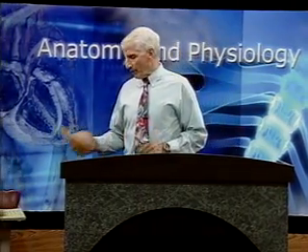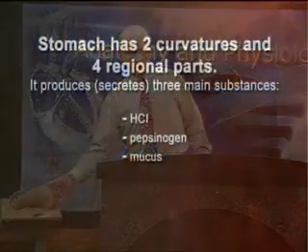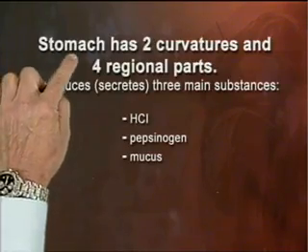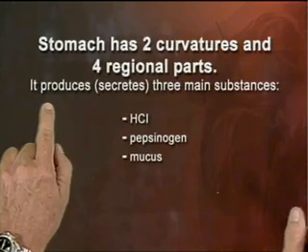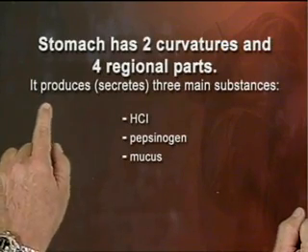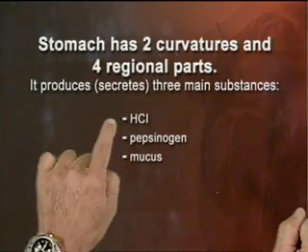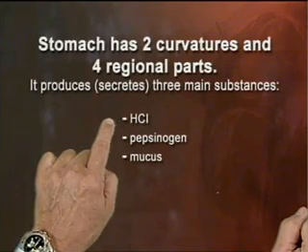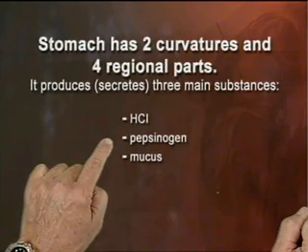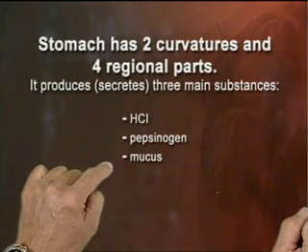Let's take a look at a graphic that summarizes what we just said about the stomach. 2 curvatures, 4 regional parts, and it secretes 3 main substances. Now this is not the total list, but these are the ones that I want you to be aware of. Hydrochloric acid, HCl, pepsinogen, and mucus.